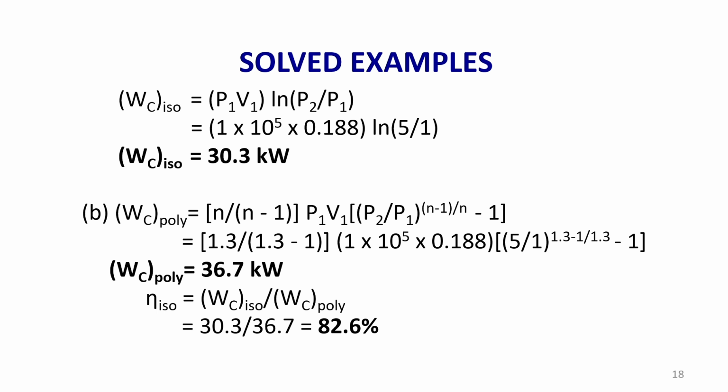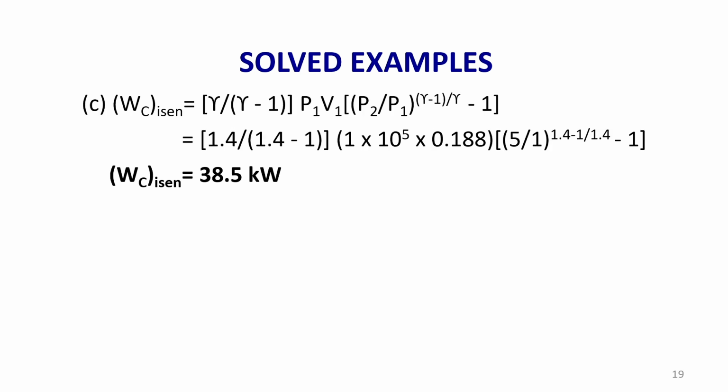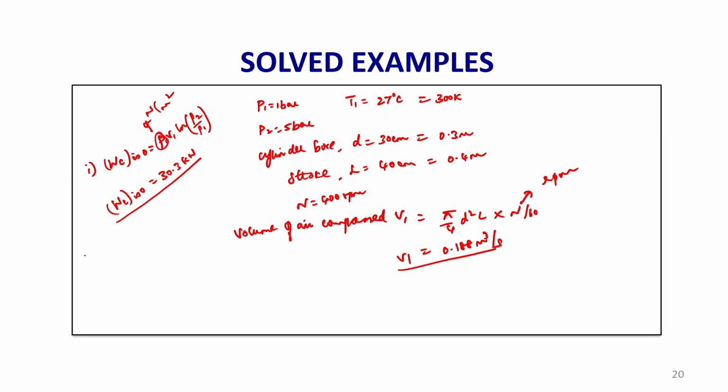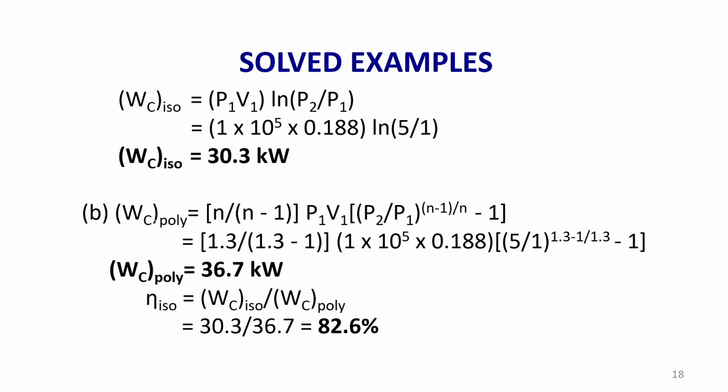For the polytropic process, we have derived just now n by n minus 1 P1 V1 into P2 by P1 whole power n minus 1 by n, so I will be using that equation. Work of compression, iso is isothermal, poly is polytropic process.